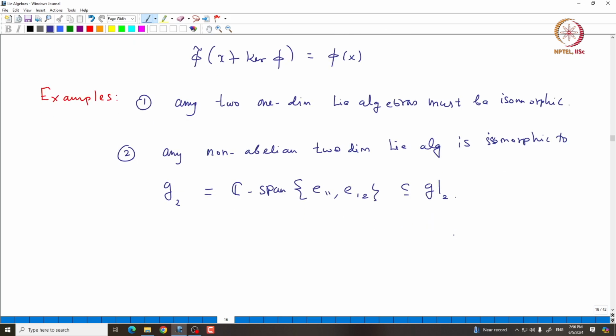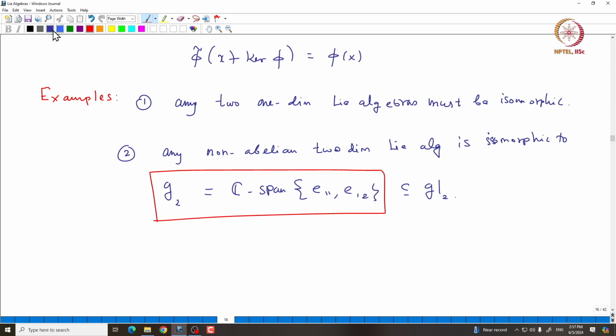Recall that Eij is the standard basis of GLN, and we take just 2 by 2 matrices E11, E12 and then span this. Then this subspace inside GL2 is a subalgebra. So, this is a two dimensional non-abelian subalgebra, and any two dimensional non-abelian Lie algebra will be isomorphic to this algebra.